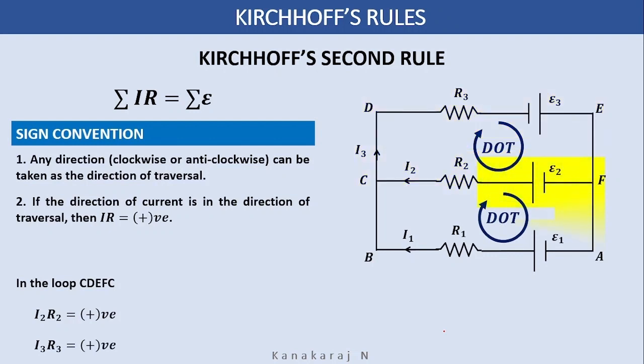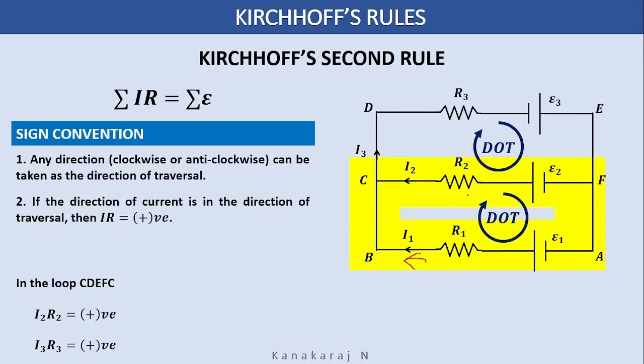Let us take another loop. In this loop, I1R1 is positive because I1 is in the direction of traversal. Now, I2 is in the direction opposite to the direction of traversal. So, I2 is in the anti-clockwise direction. The direction of traversal is in clockwise direction.